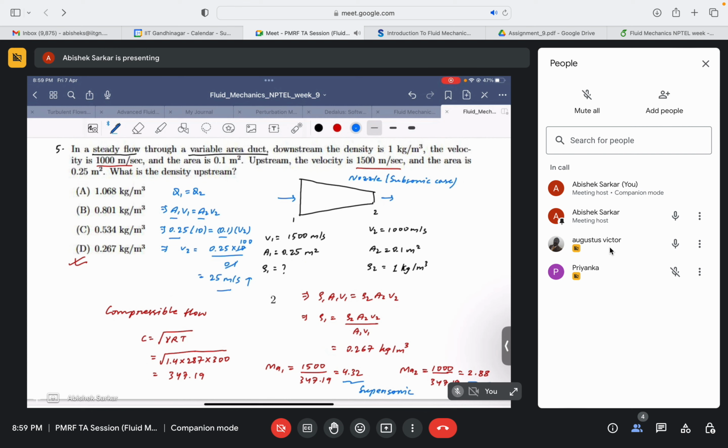But in the supersonic case, you can see, even if the area has gone down, the velocity has also gone down, right? Interestingly enough, it's different from what we usually study for the subsonic case. So what do you think has essentially caused this reduction in velocity even if the area is reduced? Change in density. Yes, it's a change in density.